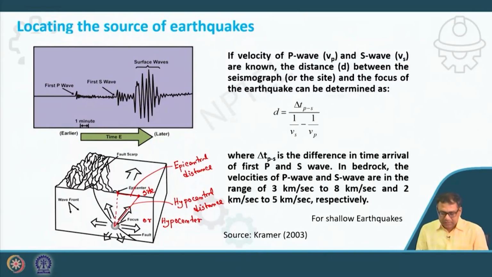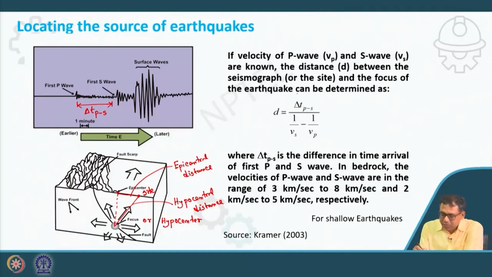You can prove that d is the distance, and the S wave and P wave travel it with an arrival time difference between them. Here Vs is the velocity of the S wave, Vp is the velocity of the P wave, and del Tps is the time difference between the arrival of the P wave and S wave. That you will get from the seismogram. The seismograph is your instrument, which produces the seismogram.